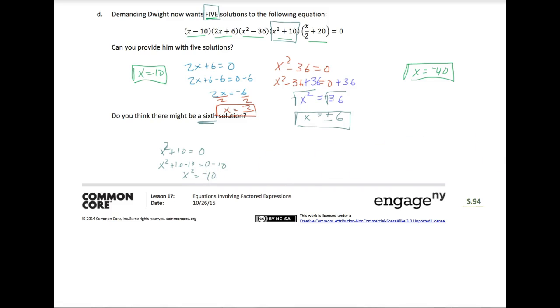And if we try to take the square root of both sides, we hit the uh-oh, because there's no square root that would give us a negative number. First of all, 10 isn't even a square number, and secondly, we'd have to do 2 negatives or 2 positives, which we can't do. So there's no solution to this one, which means there is not a 6th solution.